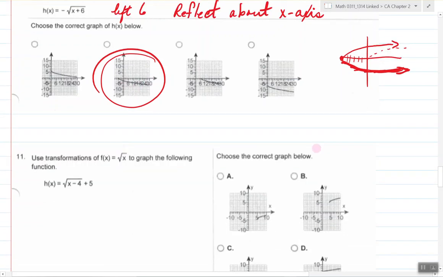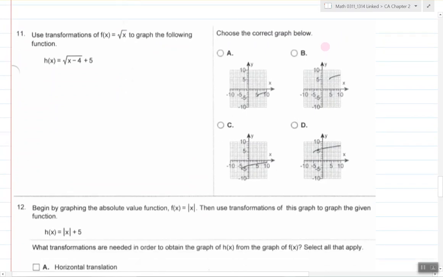Look at 11. Lots of times I like to draw it myself. All right, still a square root function. This -4 means it will shift right 4. This +5 on the outside says it will go up 5. So I'm looking for a branch that will do two things.